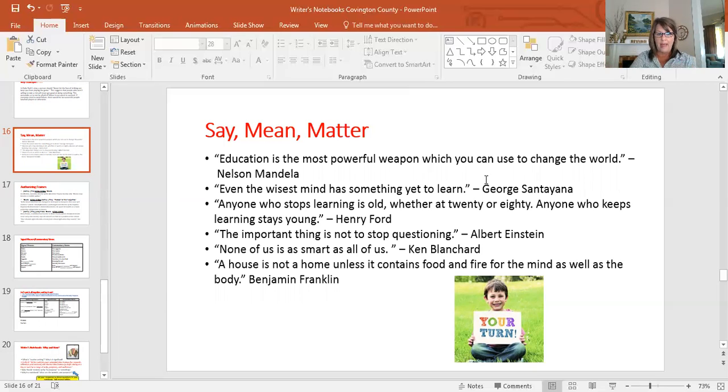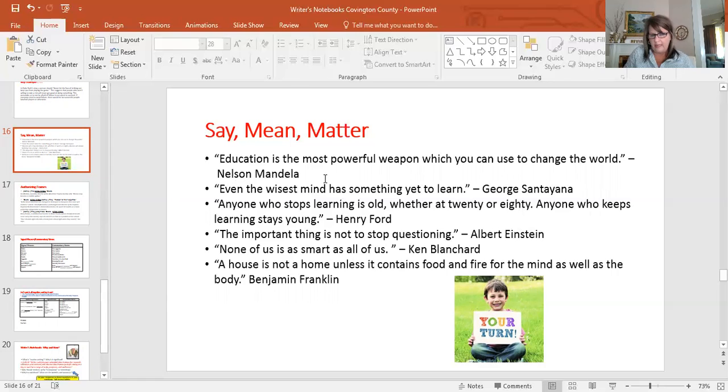So these are all about education. None of us is as smart as all of us. Even the wisest mind has something yet to learn. So these are all famous people who have famous quotes about education. They're famous because they've done something.